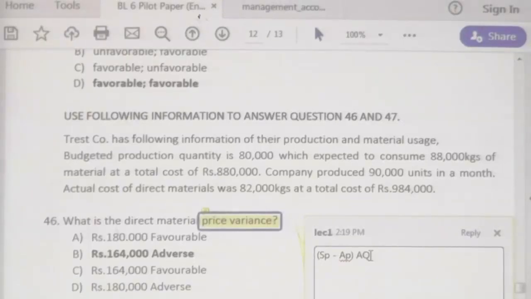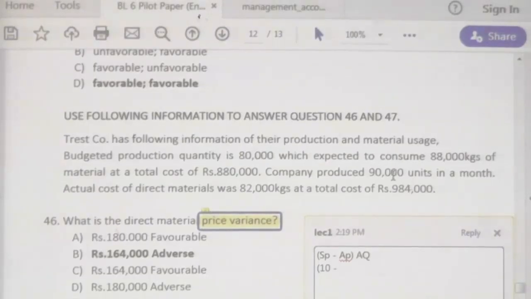Therefore, the standard price per unit is 10. 880,000 divided by 88,000, therefore it is 10 per unit.